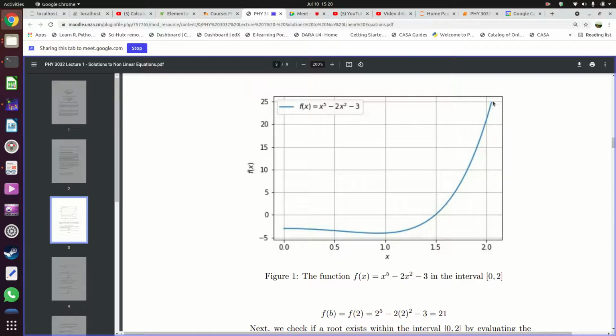So in our case, our interest is finding out what is the root, or what is the value of x, which makes f of x equal to 0. So basically we are looking for this here, where this function is cutting the x-axis. Is that clear?